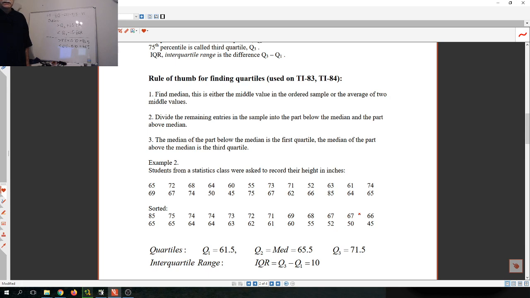So 85 is not an outlier. You might have this perception that this person who is 10 inches taller than anybody else in the sample doesn't fit our definition of outliers. So this is not an outlier. Again, we have a strict, quantitative definition of what an outlier means, and this item 85 does not meet that standard. It is not above 86.5. An outlier has to be above 86.5.